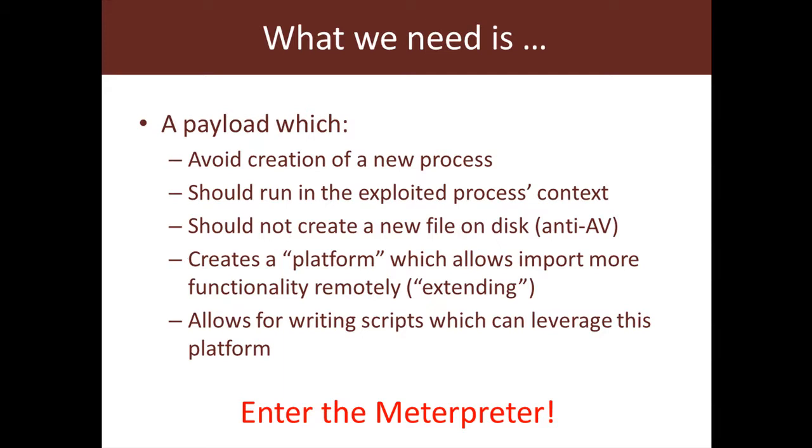In this case, our ideal payload would actually be a platform which is extendable at runtime. Finally, it should also allow for writing scripts that can leverage the platform. This will ensure that a lot of people can use these core APIs and write scripts which leverage these APIs to do multiple tasks.